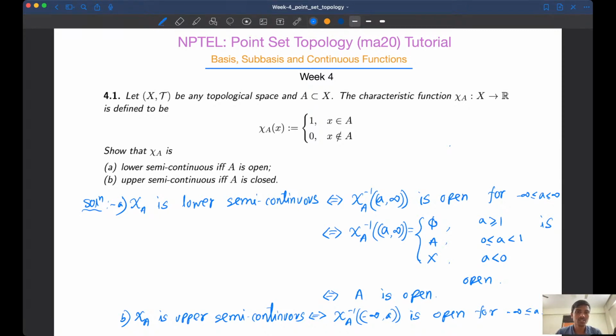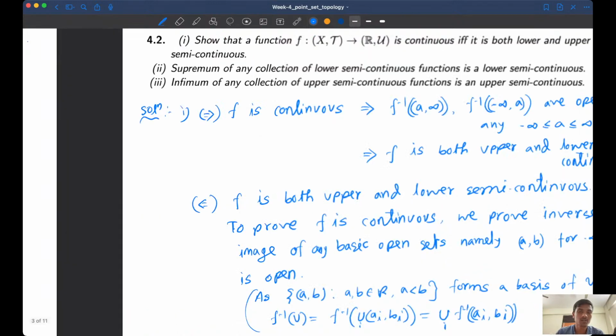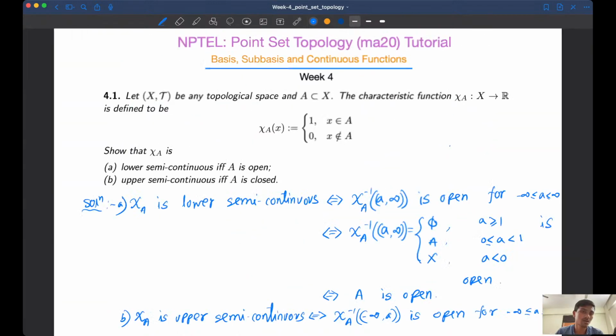So characteristic functions are usually not continuous unless A is both open and closed. In case A is open, it is lower semi-continuous; if it is closed, it is upper semi-continuous.